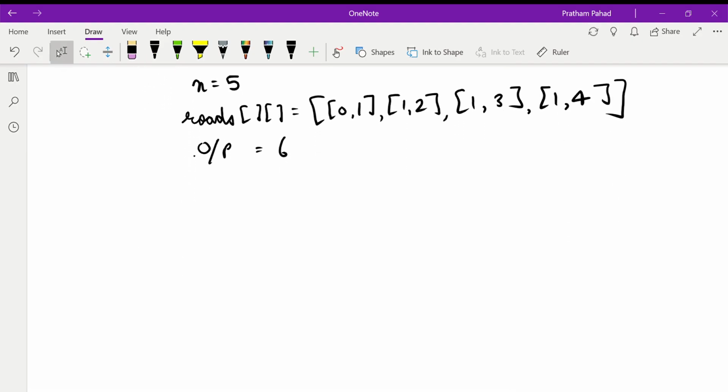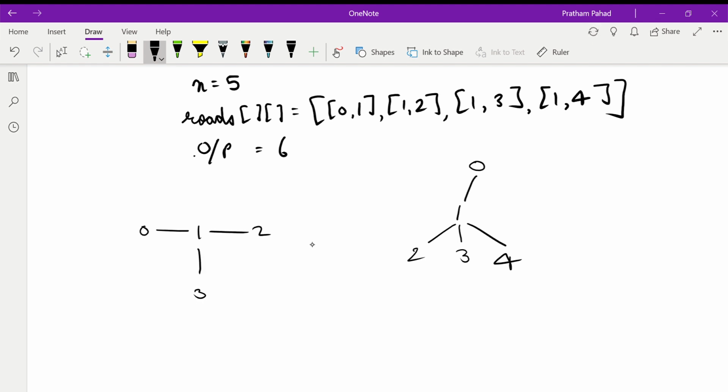Let's say in this case our 0 is connected with 1, 1 is connected with 2, 1 is connected with 3, 1 is connected with 4. Let's draw this in another way: 0, 1, 2, 3 and 4. Currently, every city is accessible from every other city. From 0 you can go to any city, from 1 you can go to any city, and from 2 you can go to any city.